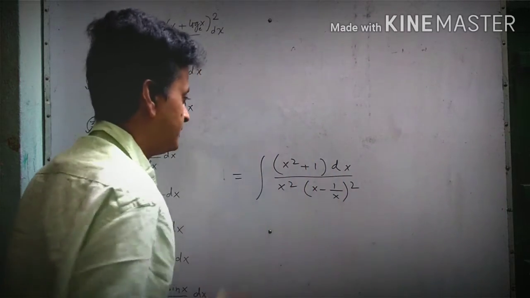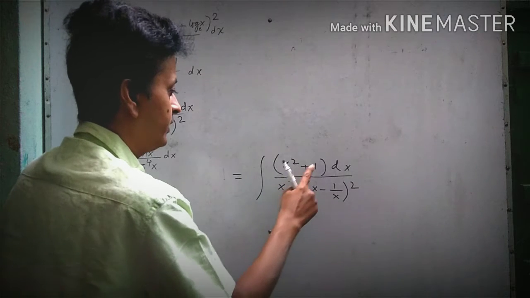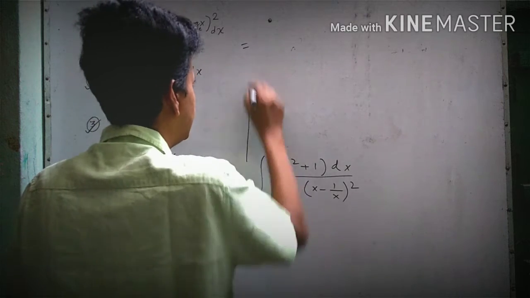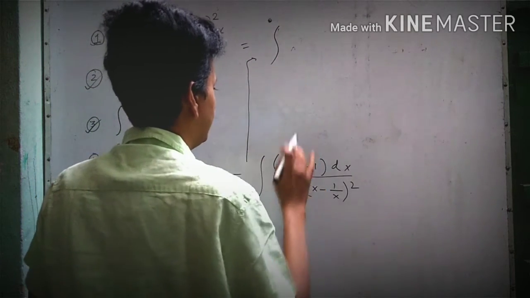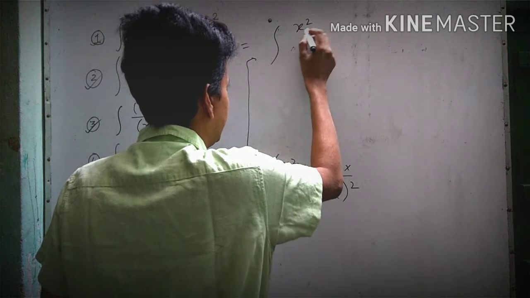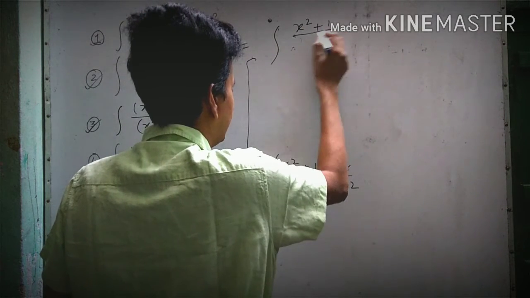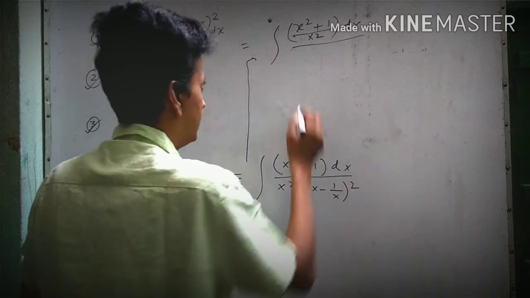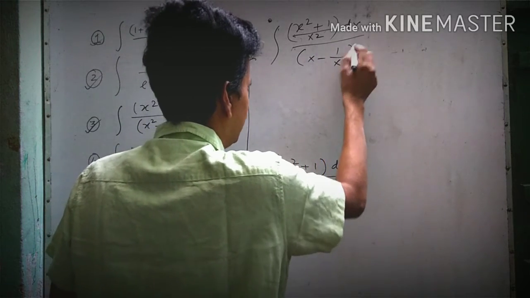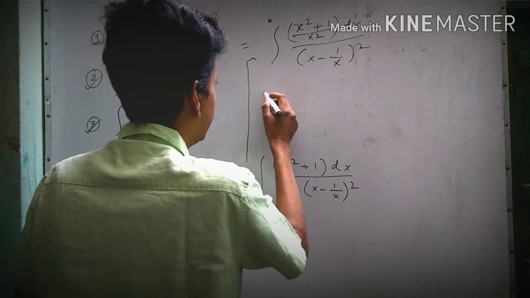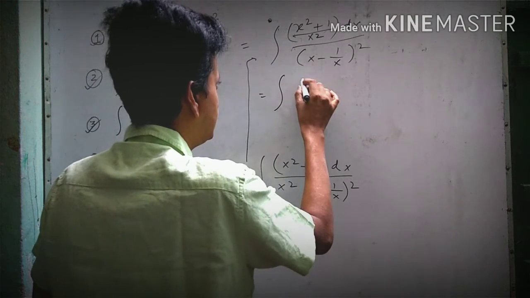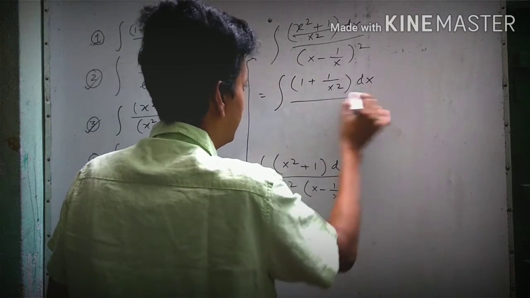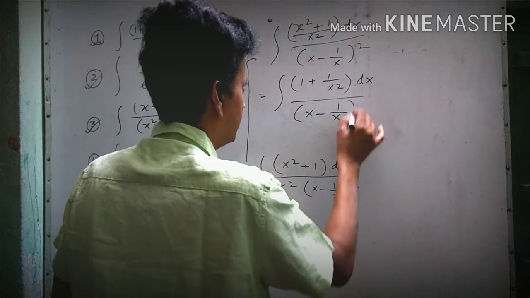Now if we divide x square plus 1 with x square, we get integration of (x square plus 1 by x square) dx by (x minus 1 by x) whole square. That is integration of (1 plus 1 by x square) dx by (x minus 1 by x) whole square.